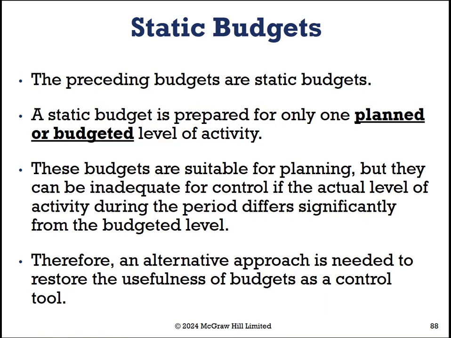So these budgets are static budgets. Static budgets are prepared for only one planned budgeted level of activity. As we saw, it was planning based on forecasted sales, and it was great, except if you cannot control for the amount of sales that you actually make. So you saw how sales drove everything.